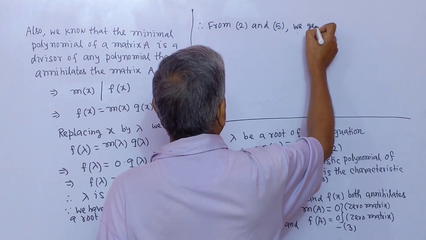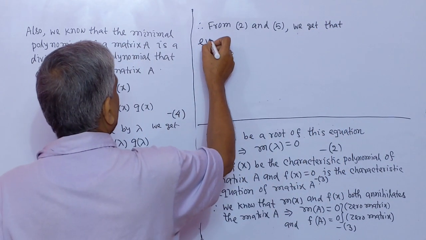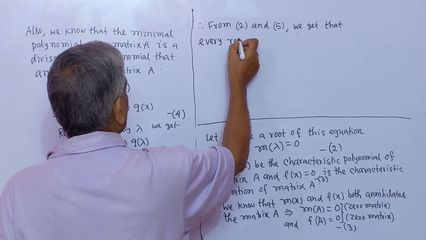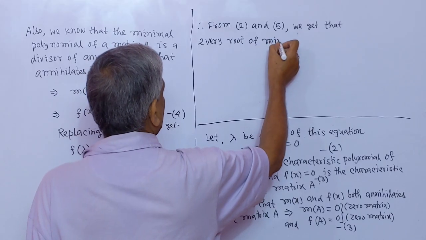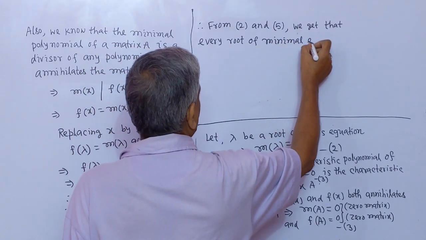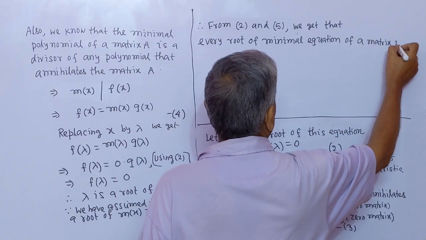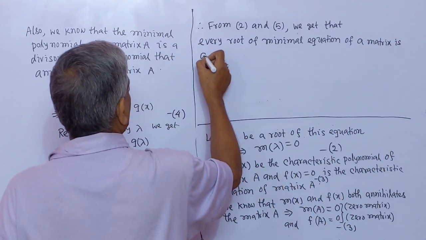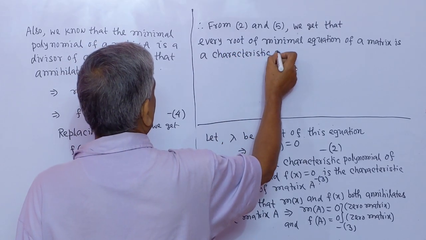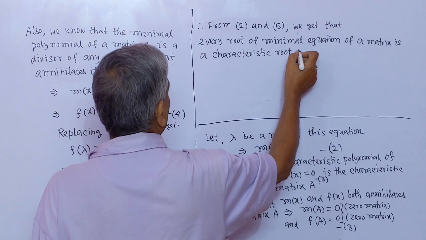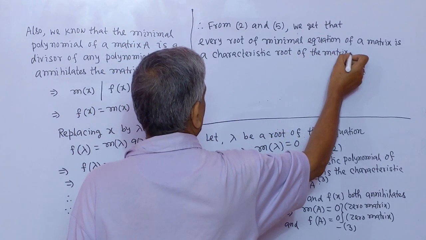We get that every root of the minimal equation of a matrix is a characteristic root of the matrix. Proved.